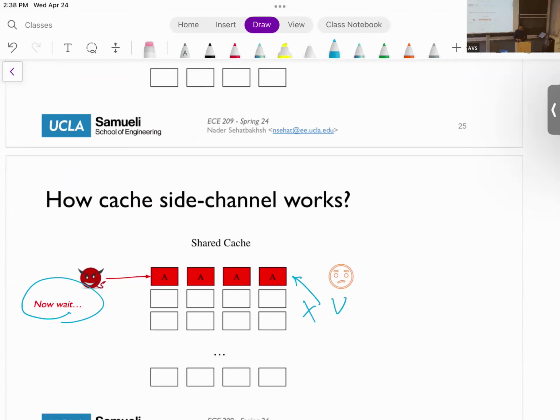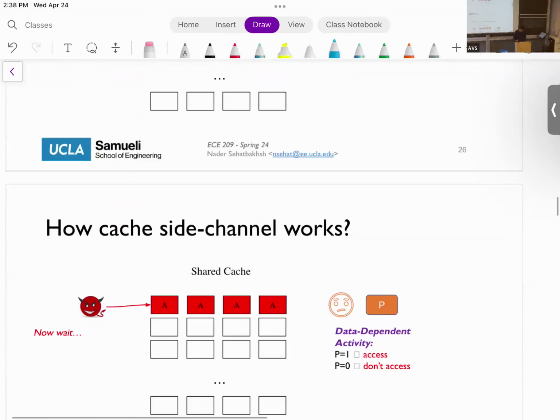2 possibilities. If the victim accesses this cache, and remember, accessing means that P was equal to 1, then it needs to go through this set and it needs to evict one of these 4, depending on the replacement policy, it could be LRU or whatever. But whatever happens, one of these 4 should be gone and should be replaced by the victim data.